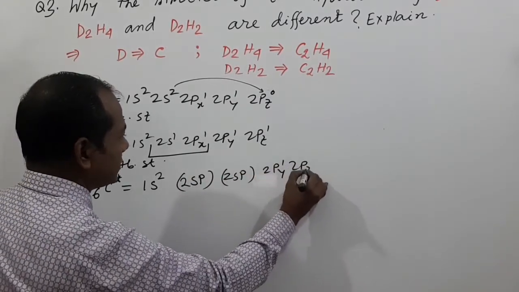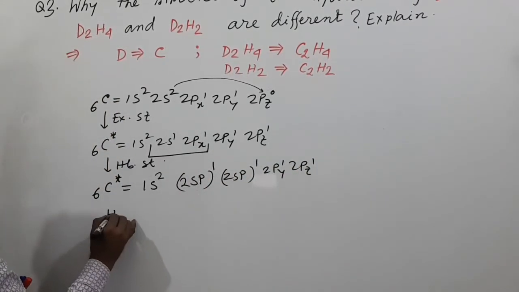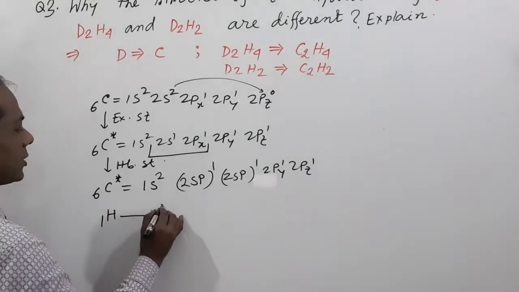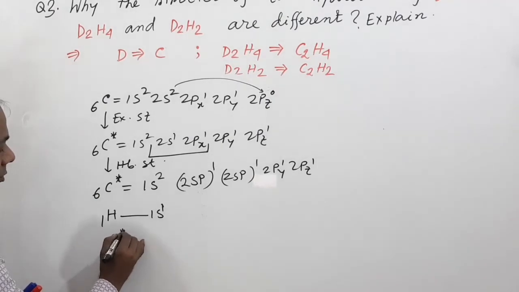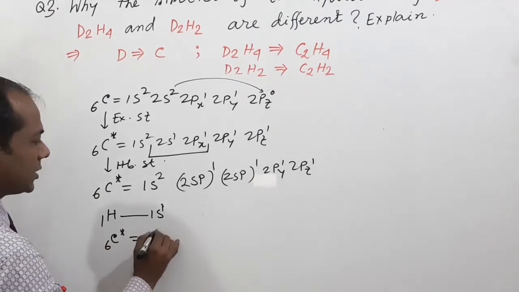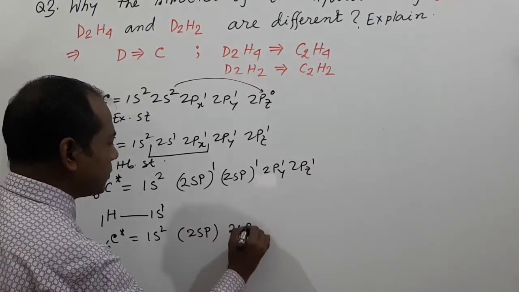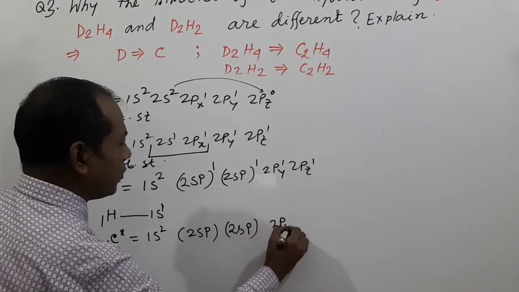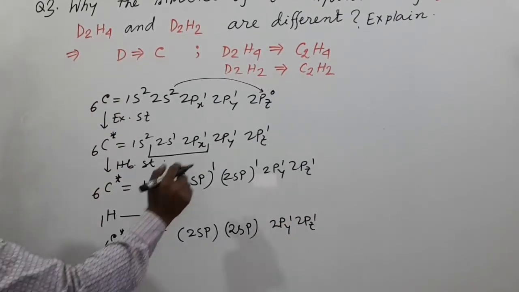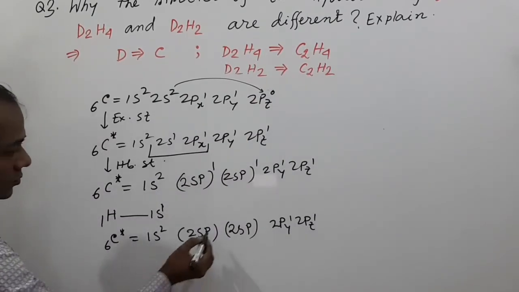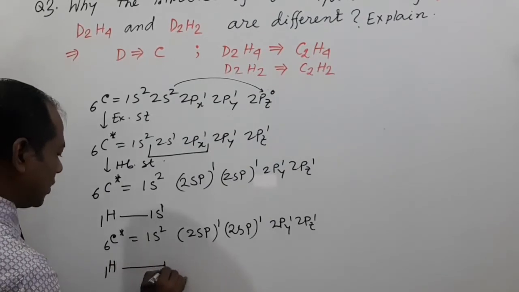2py1, 2pz1. Here 1 electron is present, so we write here the electronic configuration of 1 hydrogen. And for the other carbon, we write 1s2, 2sp, 2sp, 2py1, 2pz1, because 2 carbons are present, and another hydrogen, 1s1.